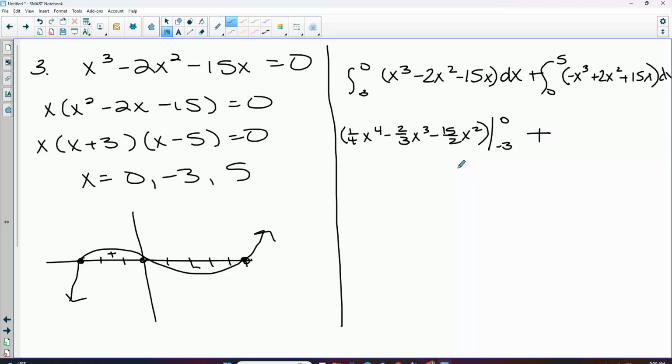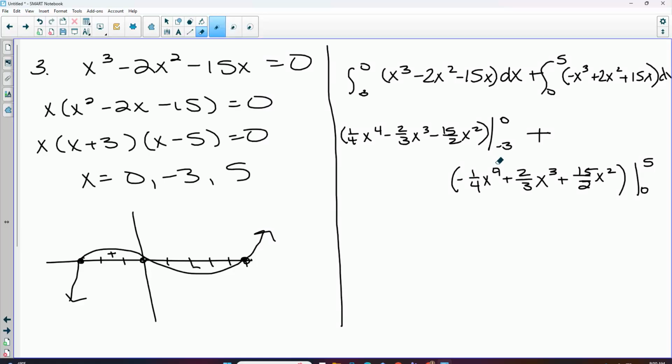I'm going to do this on 2 lines here. Plugging in 0, we get 0.